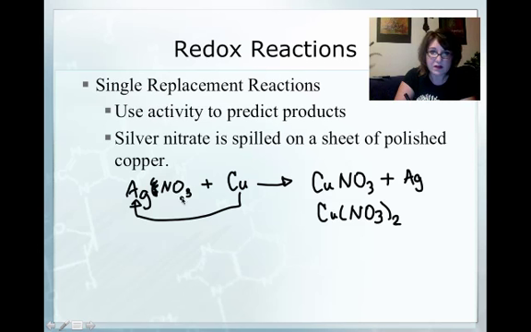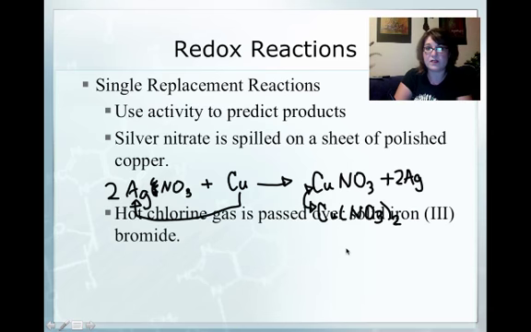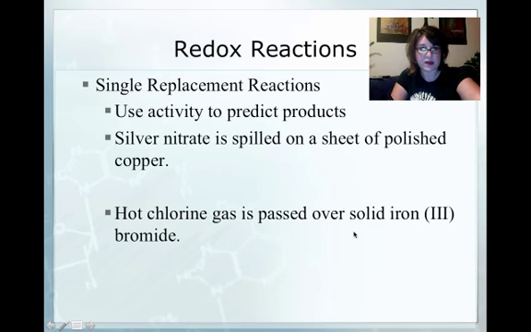And that means you're going to have to come back here and balance the equation. 2 of these, and then balance the silver. So it doesn't really matter which one of these 2 you predict as long as you balance the rest of the equation so that it's consistent with the product that you chose. Either way you do it, works for me. Now there are certain conditions that will tell us which is more likely to form, but I'll show you that later.